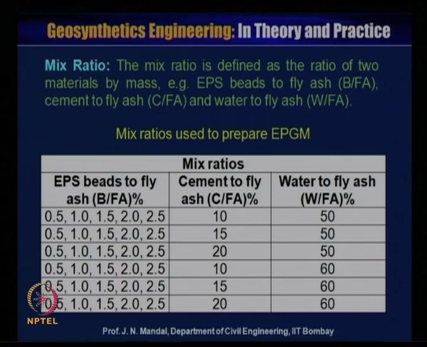Now, how to mix this? The mix ratio is defined as the ratio of two materials by mass, that is EPS beads to fly ash, B by Fa, where B is beads and Fa is fly ash; cement to fly ash, C by Fa, where C is cement; and water to fly ash, W by Fa, where W is water.